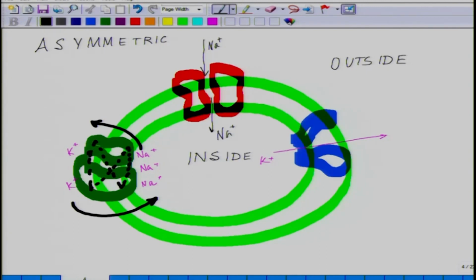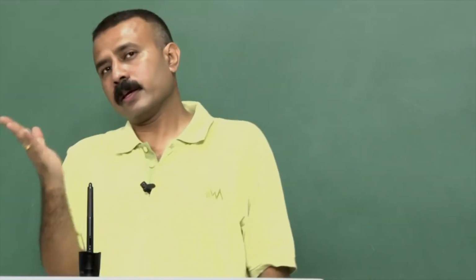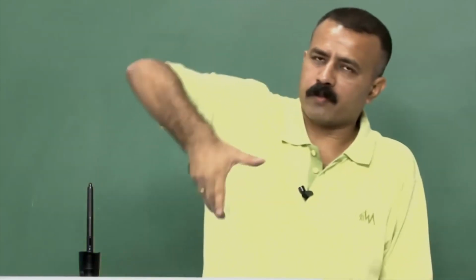Even this one is asymmetric because it allows only sodium to bind inside the cell and potassium on the outside, and then it flips back.